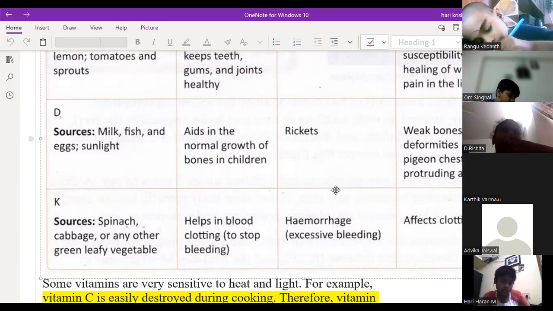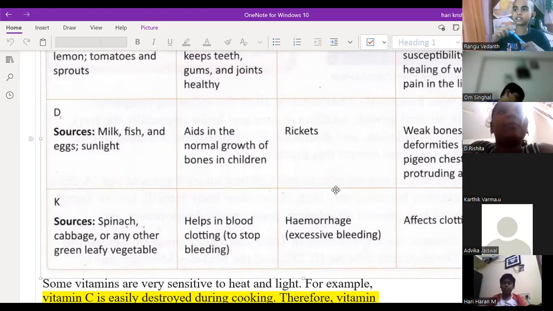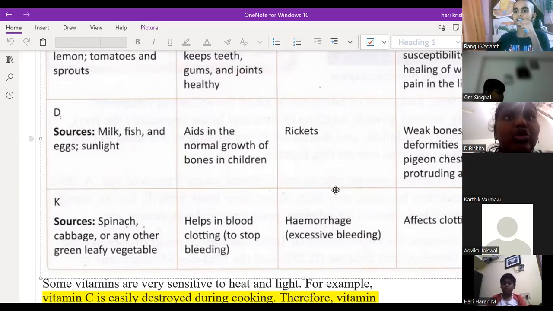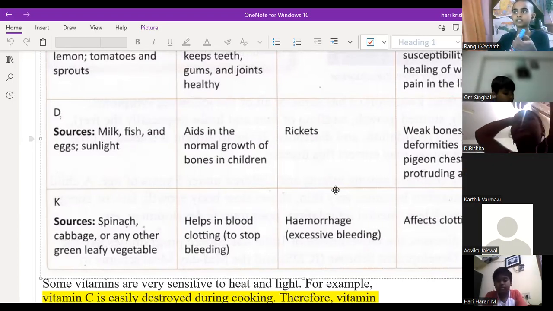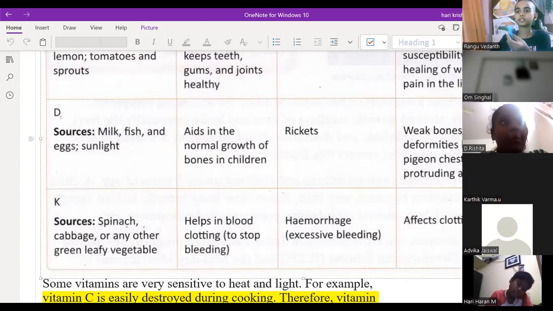So what is the main role of vitamin K in our body? Sir, it helps in blood clotting to stop bleeding. Yes, clotting, sir. Whenever some injury happens, the top layer of the skin will be removed, right? It will be damaged, and we'll get bleeding of the skin.